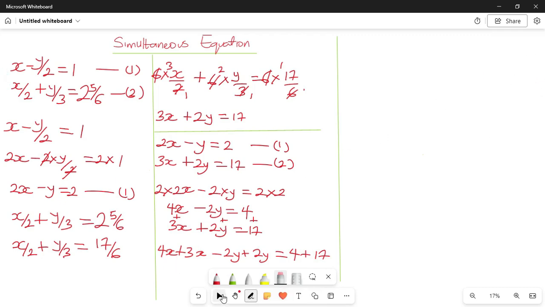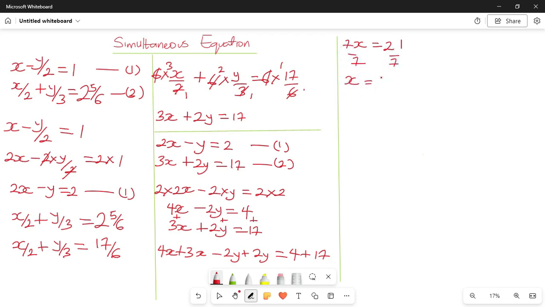We're going to have 7x, and minus 2y plus 2y will give us 0. So we have 7x equals 4 plus 17, that will give us 21. If you divide both sides by 7, x is going to give us 3.